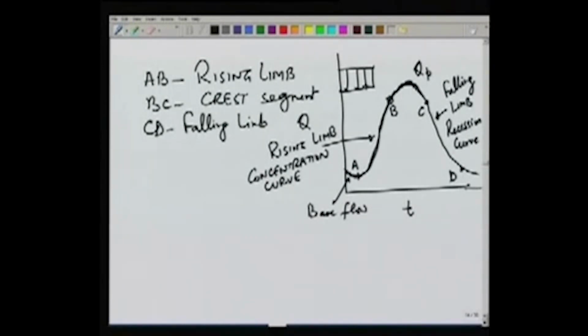The point D typically will be a point after which we will have only base flow, and there is no direct runoff beyond the point D.